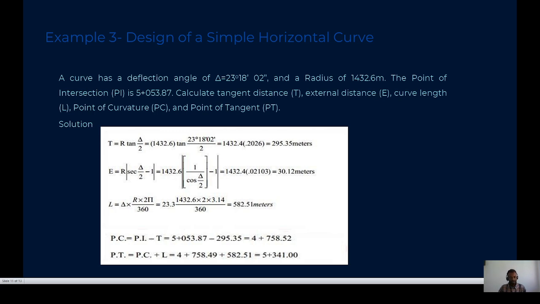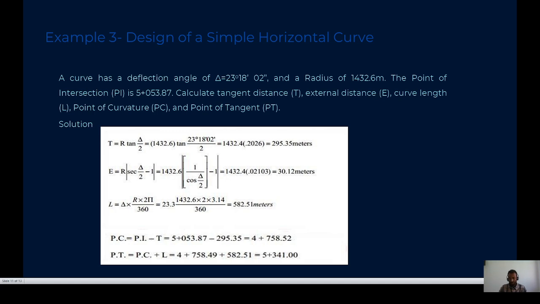The third example is the design of a simple horizontal curve, which incorporates the external distance, the tangential distance, the point of curvature, and the point of tangent. The curve has a deflection angle of 23 degrees, 80 minutes, 02 seconds, and a radius of 1432.6 meters.